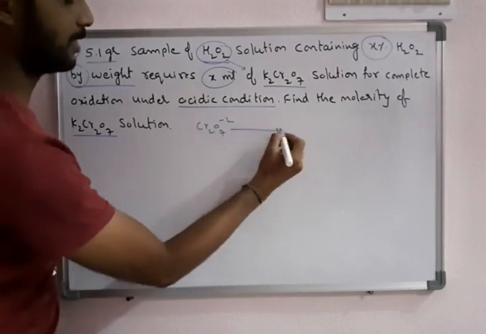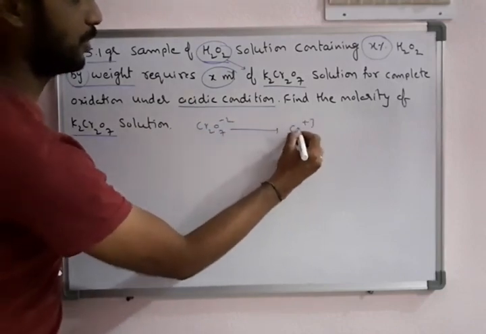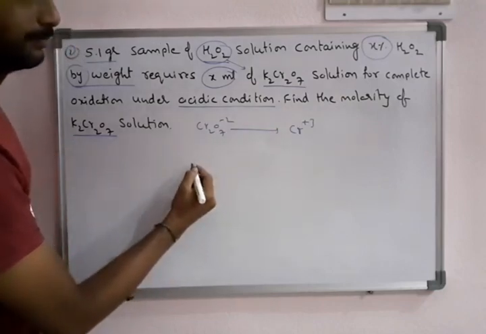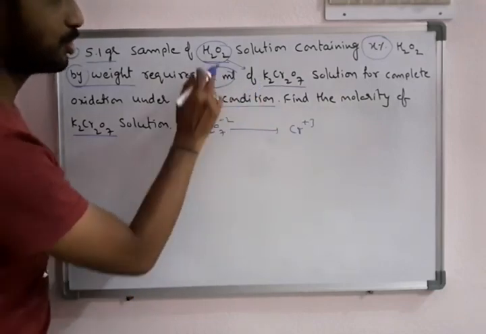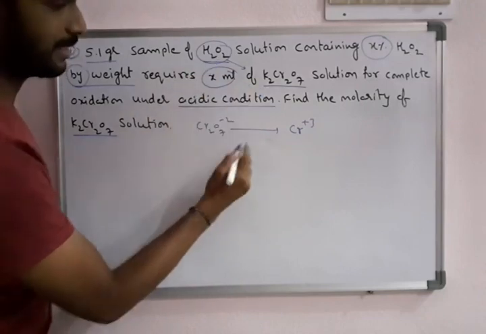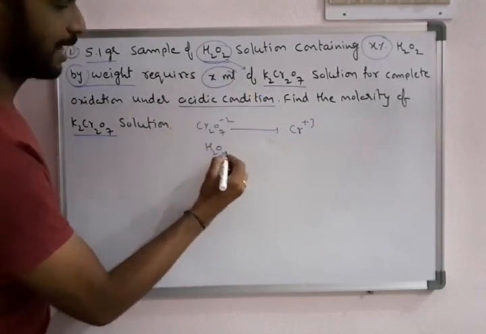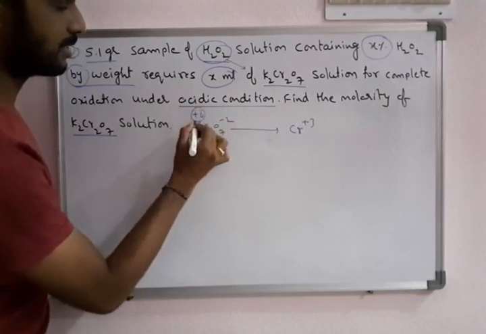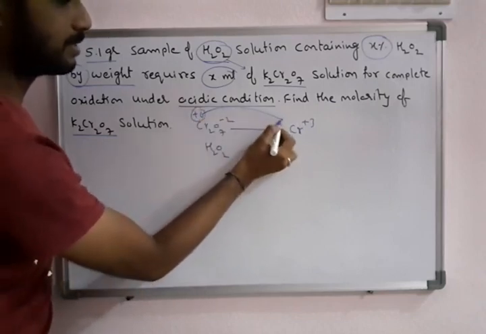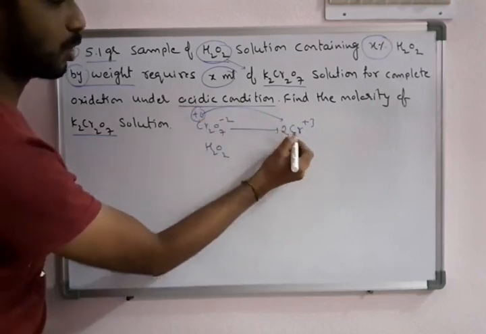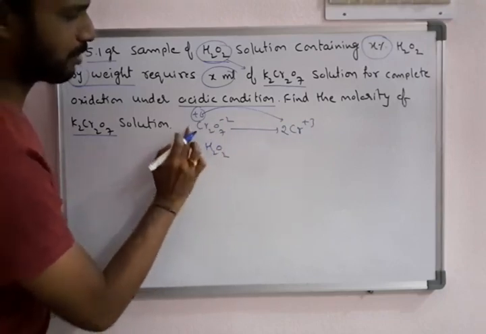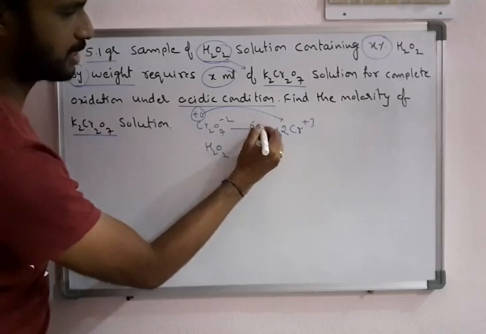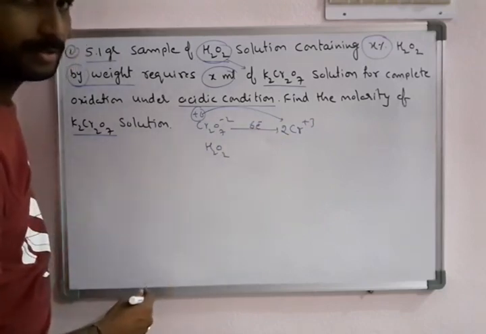The dichromate is changed to chromium ion in acidic medium. Means here H2O2 acts as reducing agent. Each chromium is +6 and becomes +3. Two chromiums are reducing from +6 to +3. There is a change of 6 electrons.